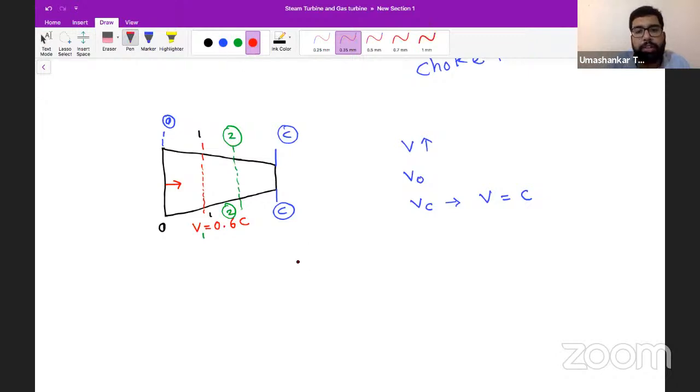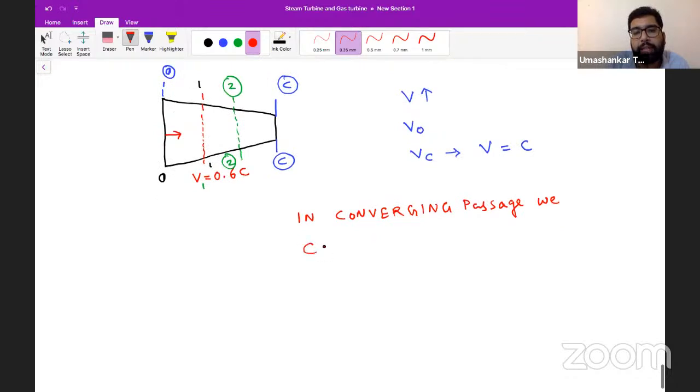in a converging nozzle, what maximum velocity can we get? So in converging cross section, in converging passage, we can increase velocity up to sonic velocity, that is velocity of sound.